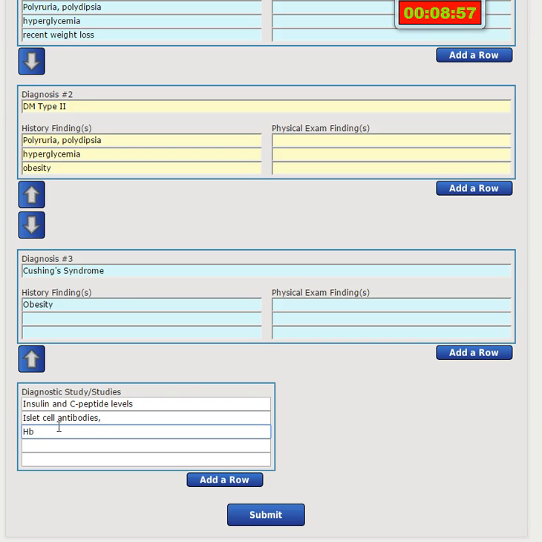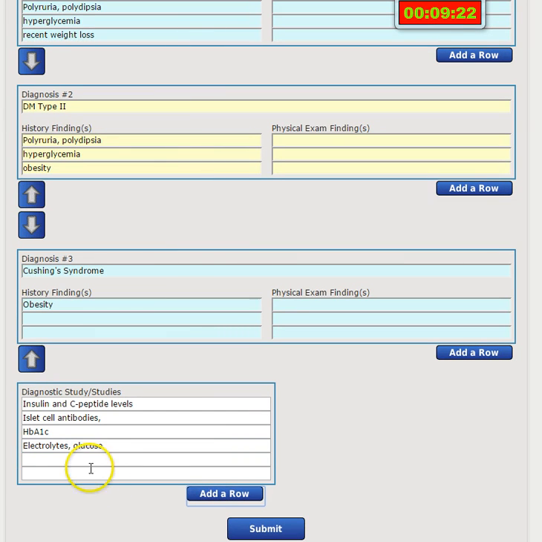Third, we check the glycosylated hemoglobin level, where more than 6.5% is a diagnostic sign, and electrolytes, serum glucose, and we'll also check urine analysis and urine albumin.